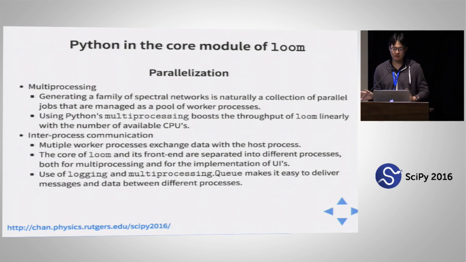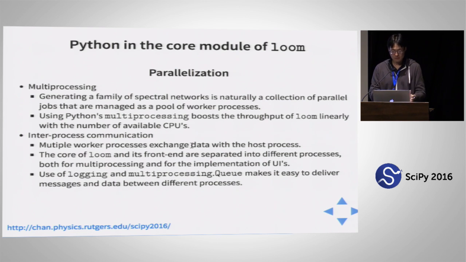For example, in our group, we have a 40-core workstation, and Loom is happily dwelling on that machine, chugging out many plots. But because we are doing this in a parallel way, there is, of course, an overhead of inter-process communication.